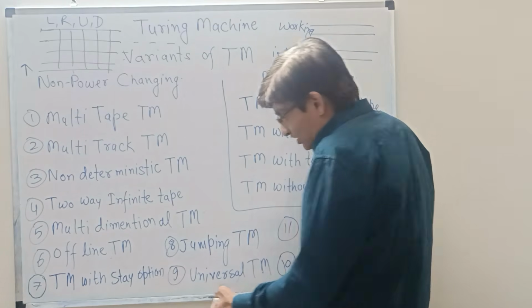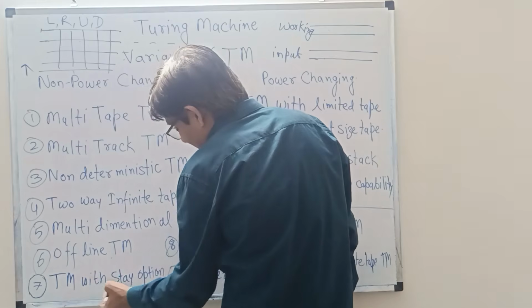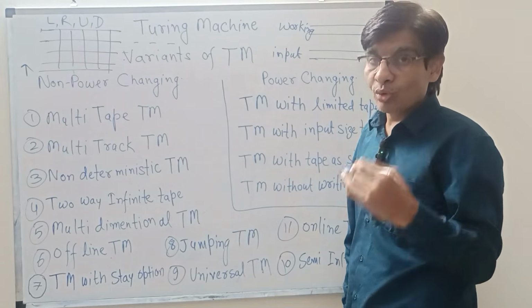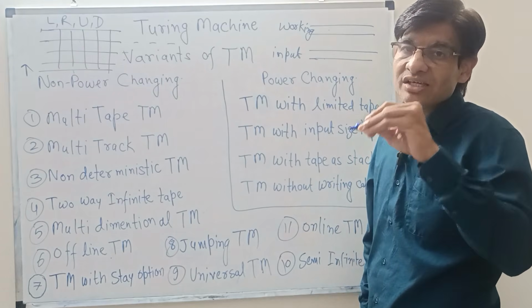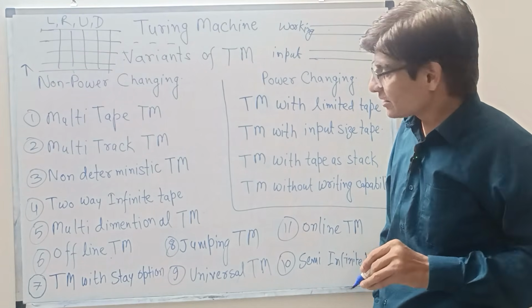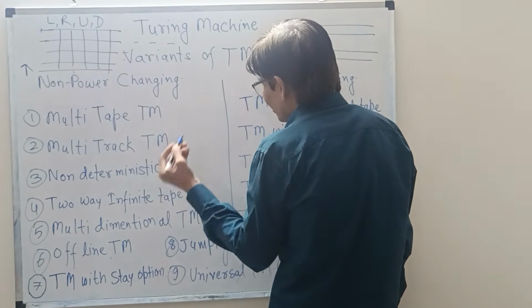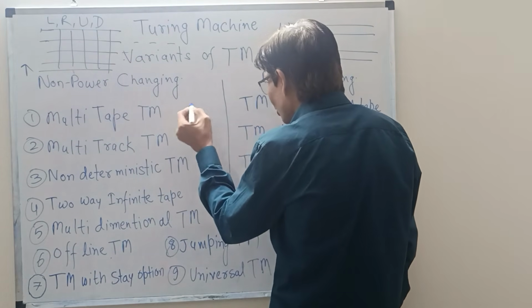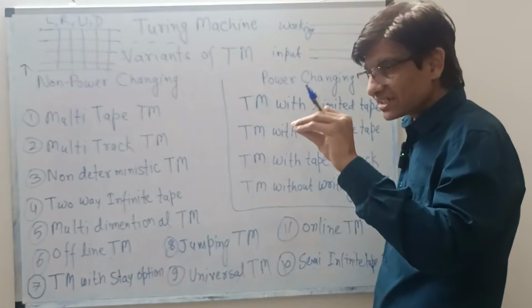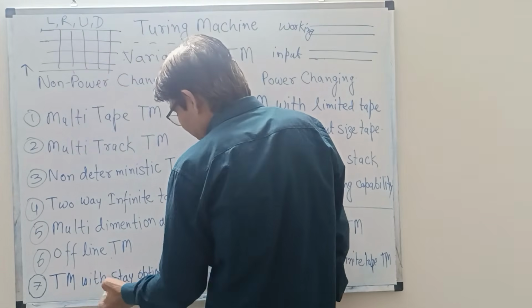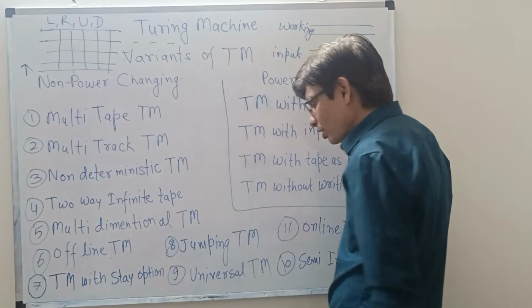But in this particular machine, the Turing machine with the stay option, you have one more option: to stay at that particular position. You will not move to the left or right; you will stay at the same position. This kind of Turing machine is called a Turing machine with stay option.